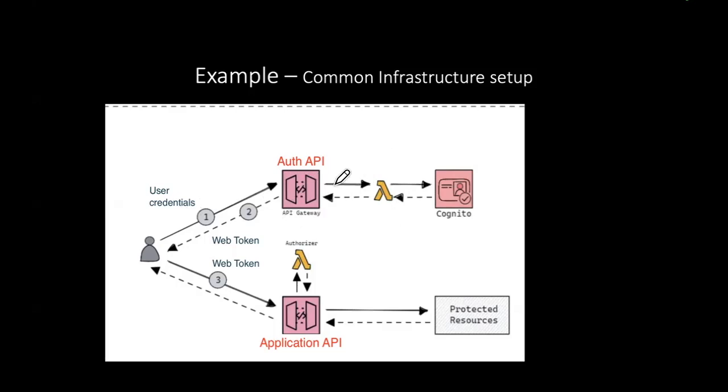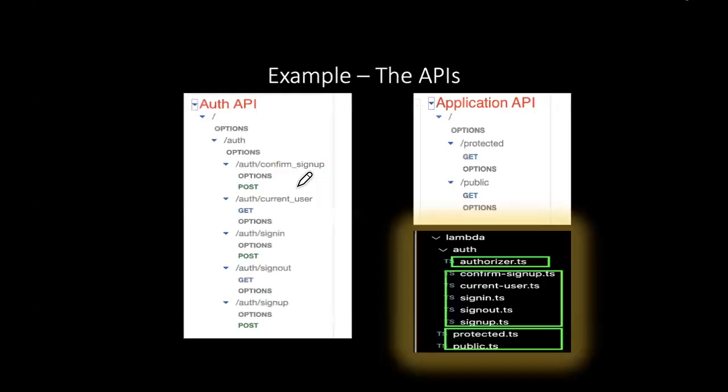So that's fine. Then when we looked at the structure of this particular authentication API, it had this kind of structure here in terms of the different endpoints. So there's a sign up endpoint, a confirmation of sign up endpoint.